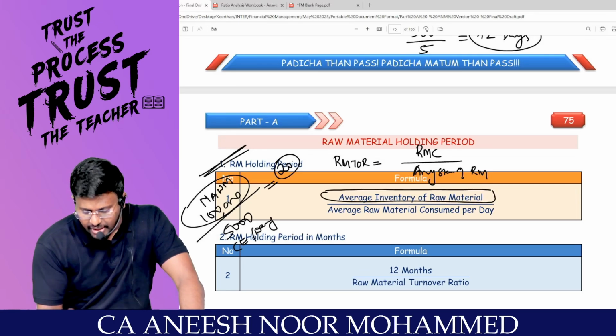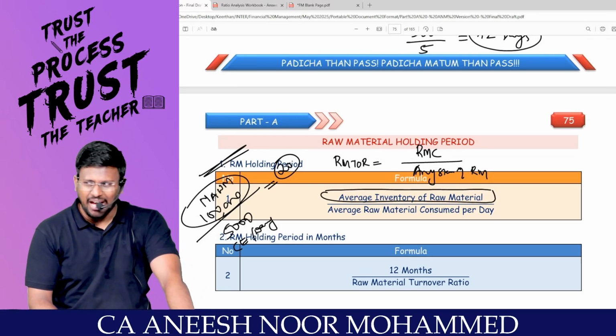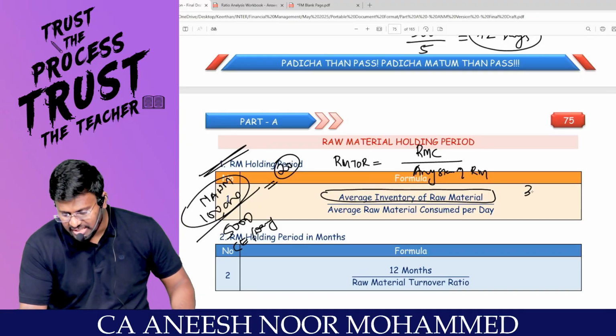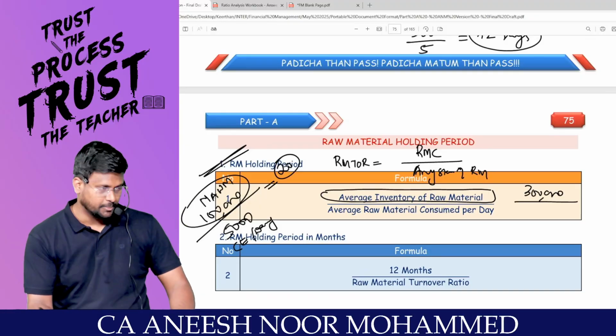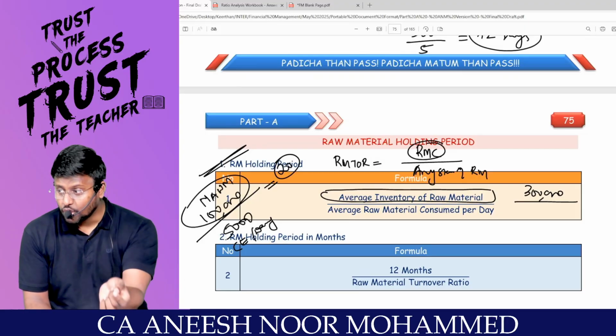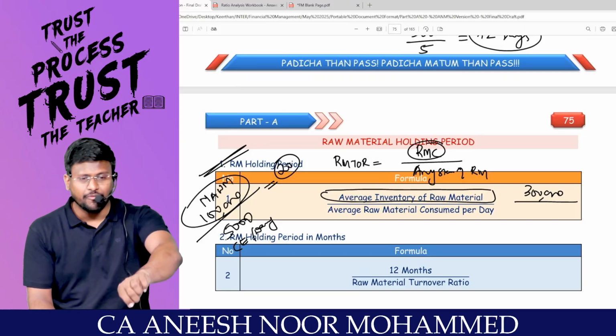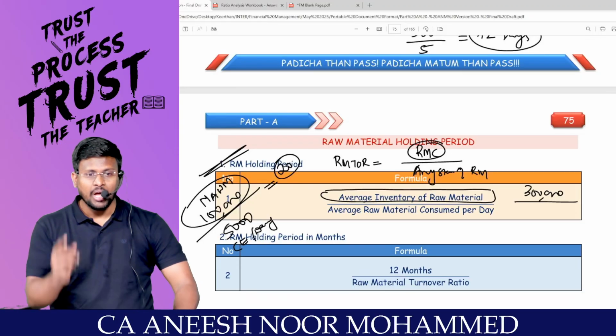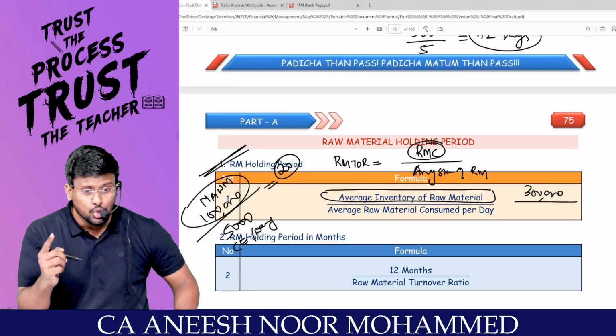That's what the average inventory of raw material is. That means I have an average stock of, for example, 3 lakh rupees with me. I don't want raw material consumed, because this raw material consumed will be for 1 year. I want raw material consumed per day.